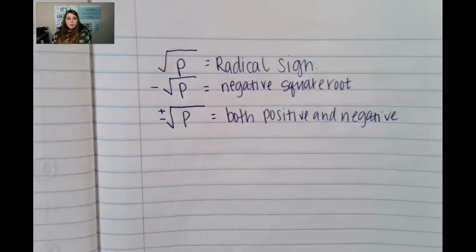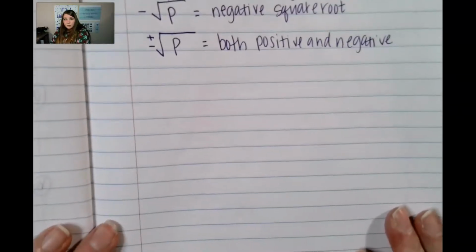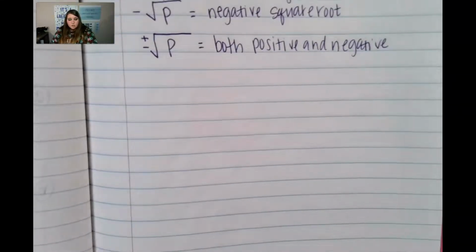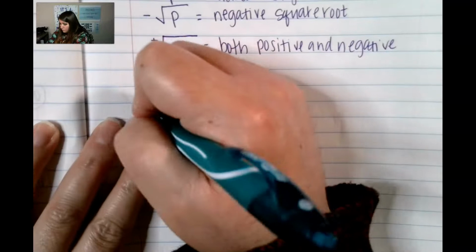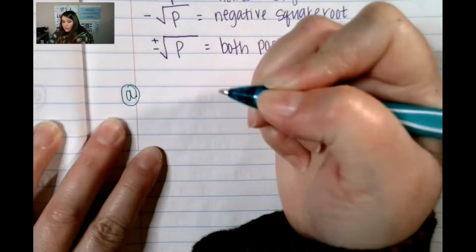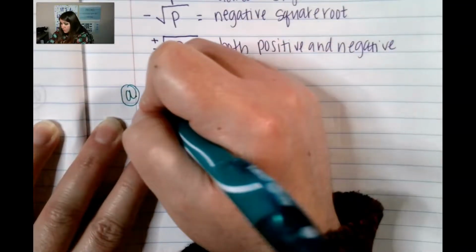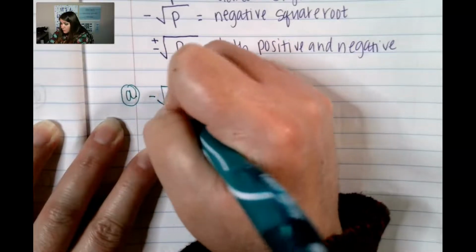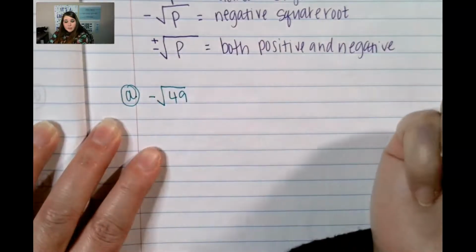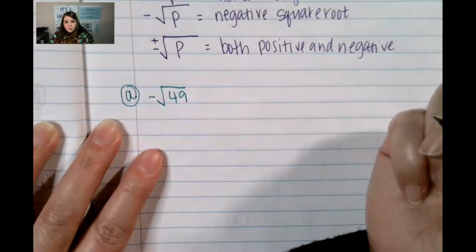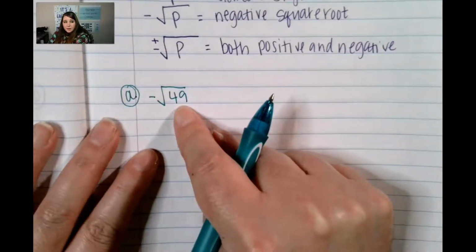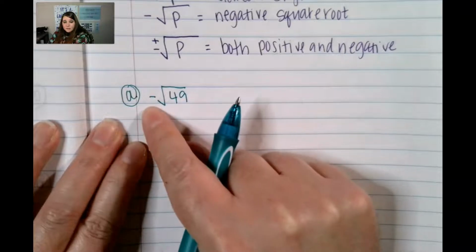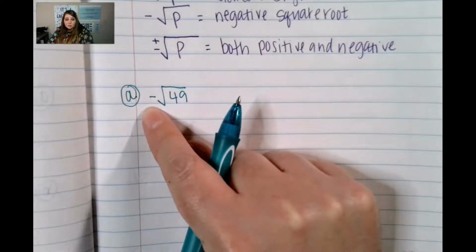Okay, so let's go ahead and put this into action so that you can see what it is that I'm talking about. So if I had a negative sign on the outside of my 49, like this, that tells me, one, I want to find the square root of 49, but then I want the negative integer.